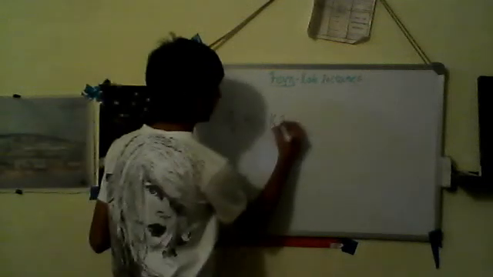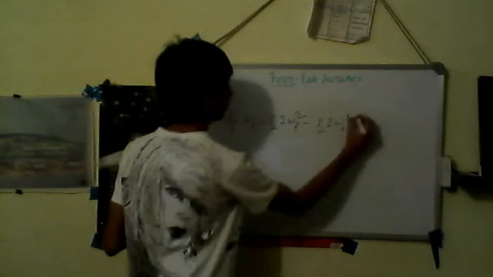It is half I omega squared. We have defined kinetic energy previously, so I'm just going to write the equation directly. This is the work done about a fixed axis.